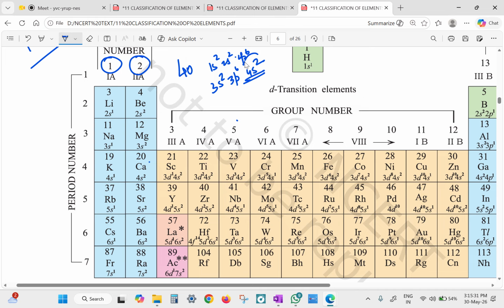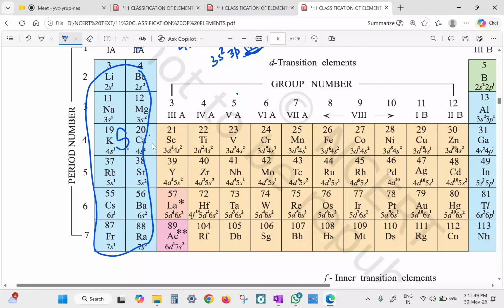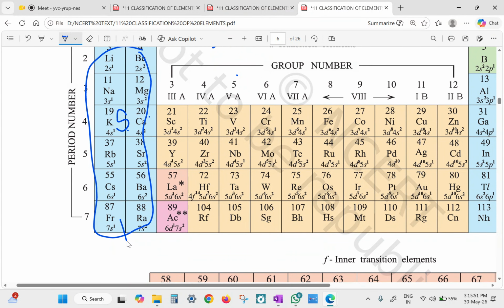So the outermost electrons of calcium are going into the 4s. Generally, the elements of group 1 and 2 receive their outermost electrons in the s subshell, and therefore these two groups are called the s block elements. Is that okay?